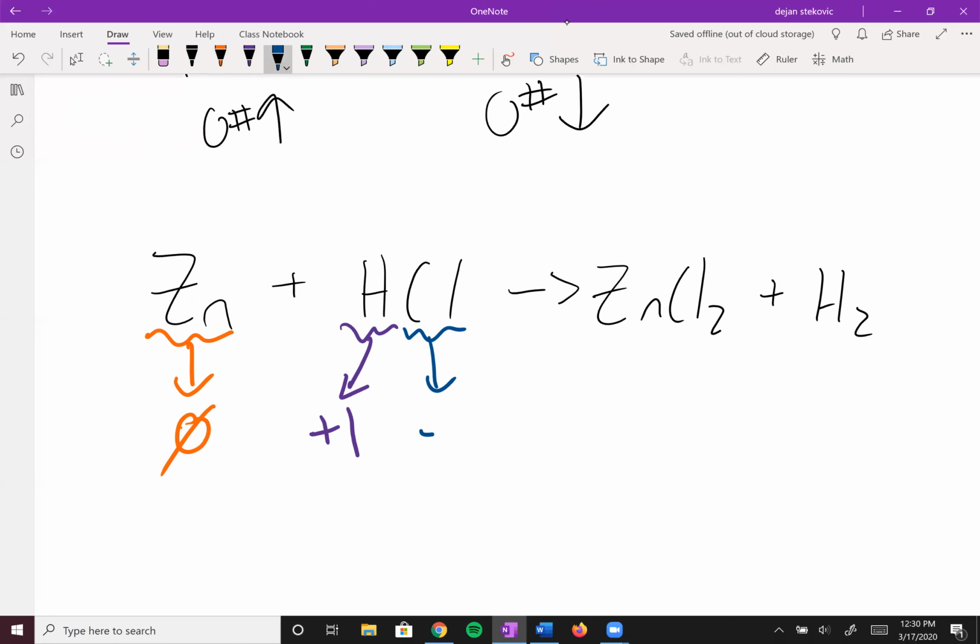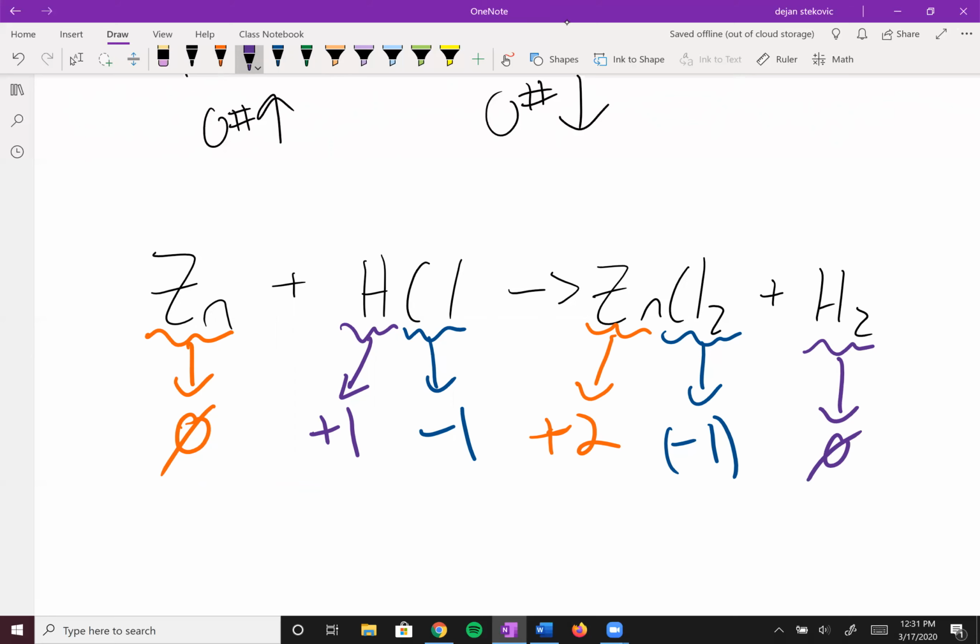We know chlorine prefers to be -1, and that works out perfectly because it's what it needs to be for this molecule to be 0. Again, chlorine is generally -1, and in zinc chloride we have 2 of them. In order for the molecule to be neutral overall, zinc must be +2. And hydrogen gas, in its elemental state, is automatically 0.